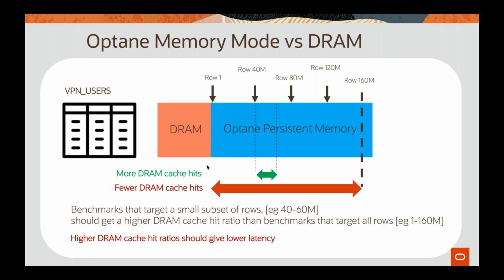So it should be faster than if I'm querying all of the data, which is hitting persistent memory. So I was artificially varying how much data I accessed to see just how fast or how slow persistent memory was when running in memory mode. It's all about DRAM cache hit ratios.